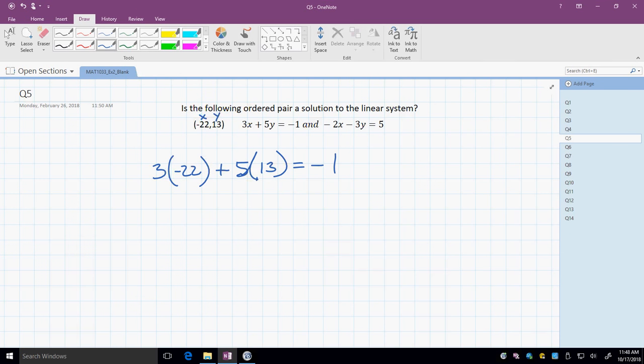At the end, when you multiply and subtract, if the left side equals the right side of the equal sign, which is negative 1, that means it checks. It is a solution.